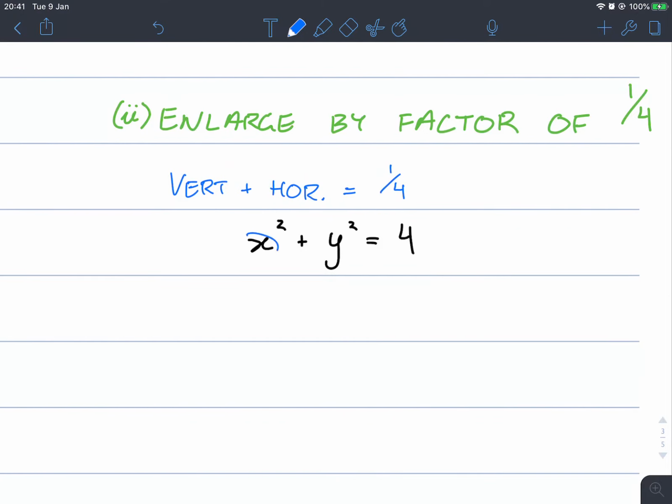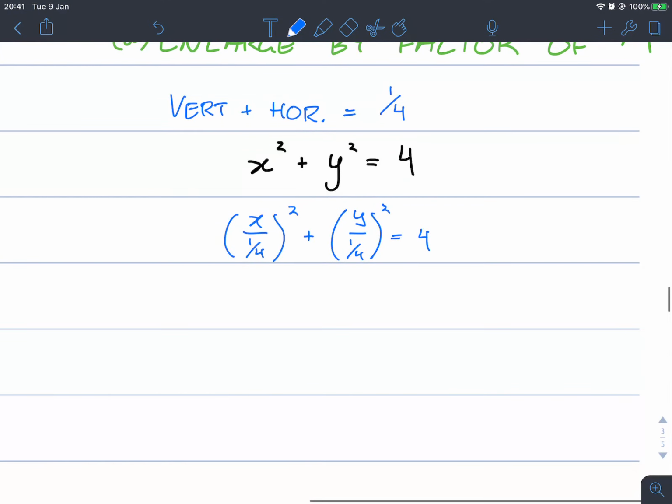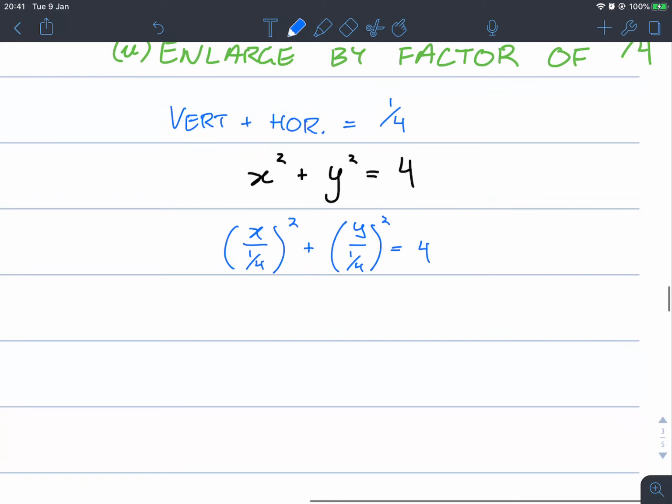So we replace x with x over 1/4 squared plus, and we replace y with the same thing, equals 4.